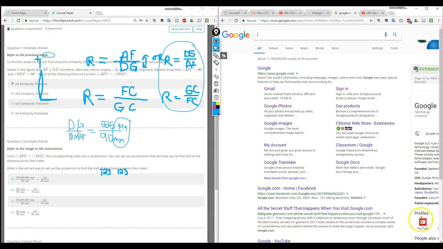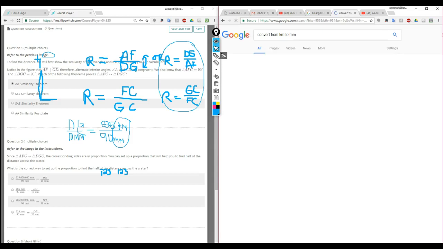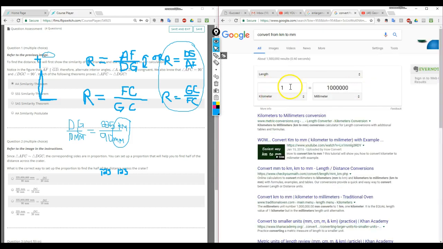And if you're struggling with how to convert from kilometers to millimeters, type in convert from kilometers to millimeters. So here we go. 1 kilometer. We had 225.